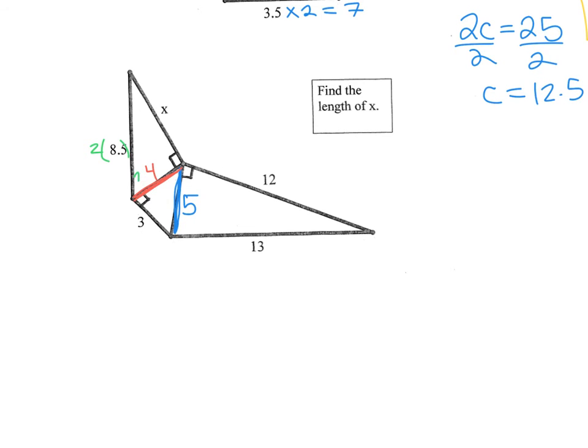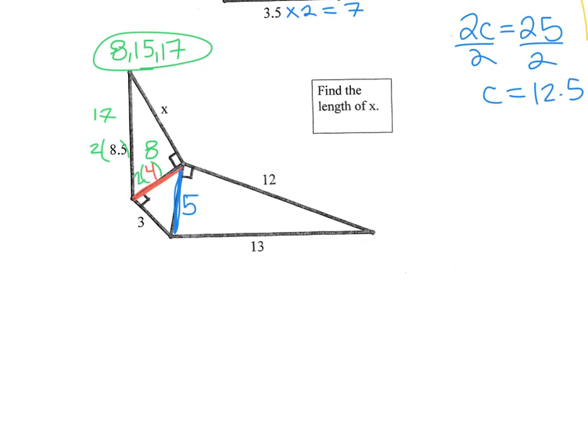And we'll multiply 4 by 2. So we end up having 17, 8, and is there a triangle that has 8, another leg, and 17 as the hypotenuse? And yes, it would be an 8, 15, 17 triangle.